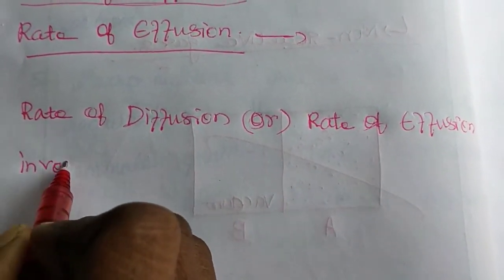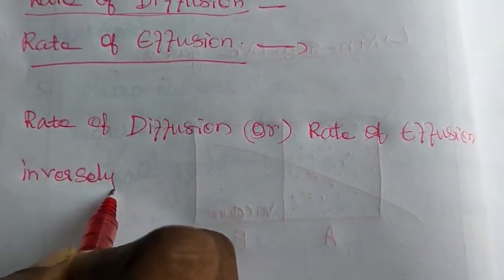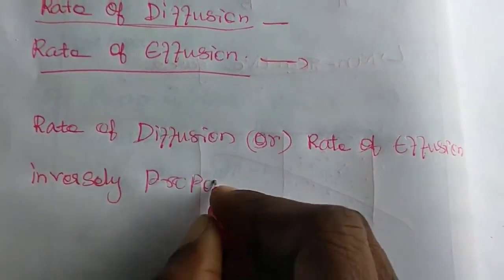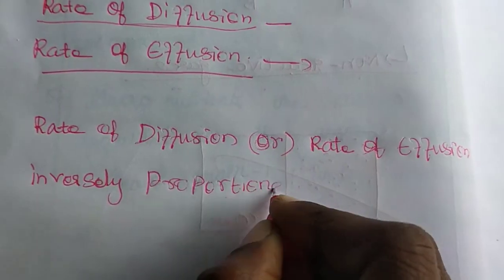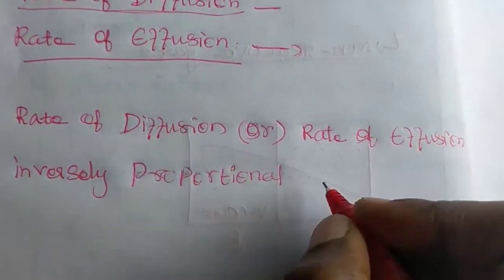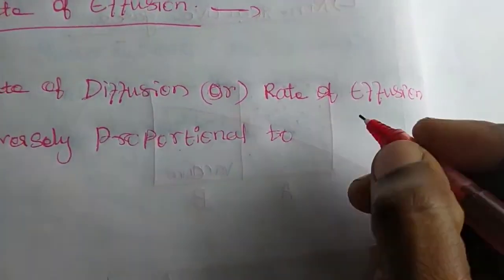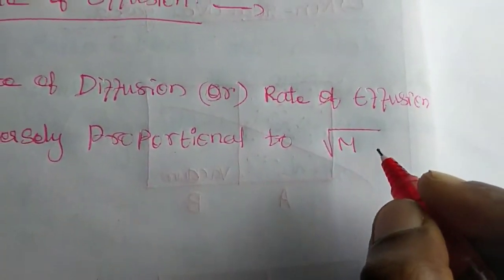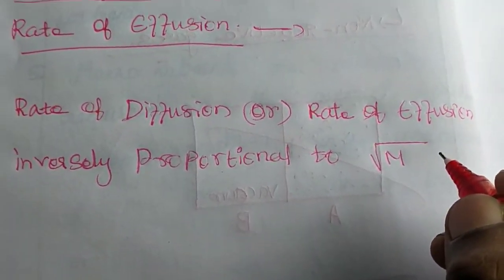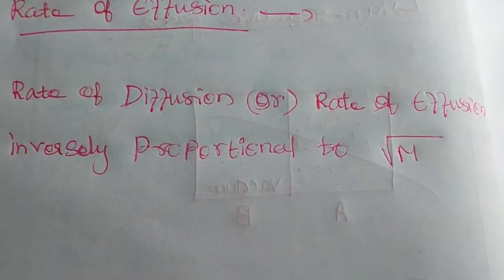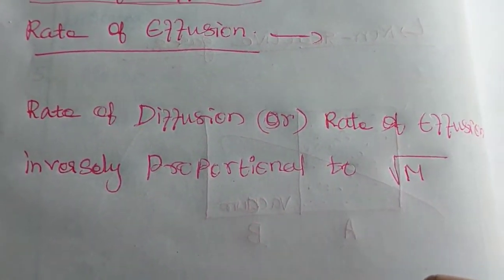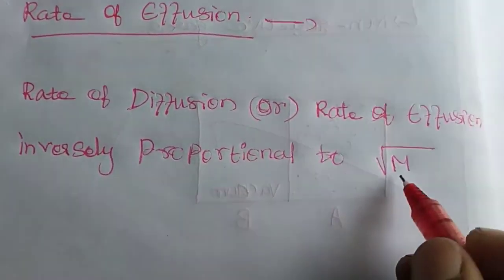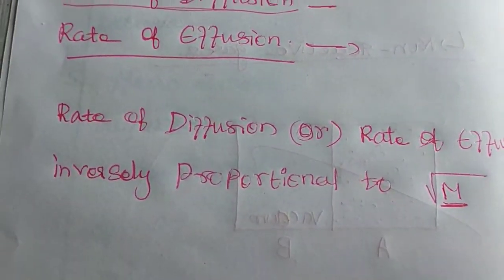inversely proportional to root of molar mass. So molar mass means the molar mass of the gas which is undergoing effusion or diffusion, the root of the molar mass of that particular gas.